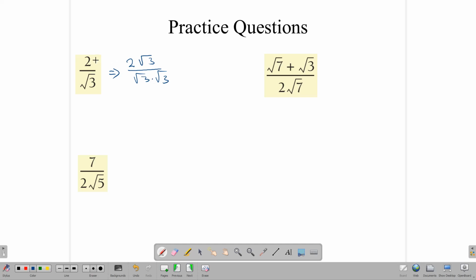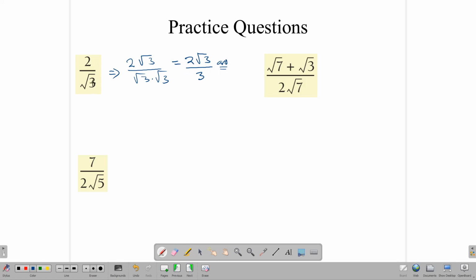So we multiply the numerator and the denominator by the square root in the denominator, and what we end up with is, in the numerator we have 2 root 3, and in the denominator we have root 3 times root 3, which simply is just 3. Root 3 times root 3 would be root 9, and the root of 9 is 3.